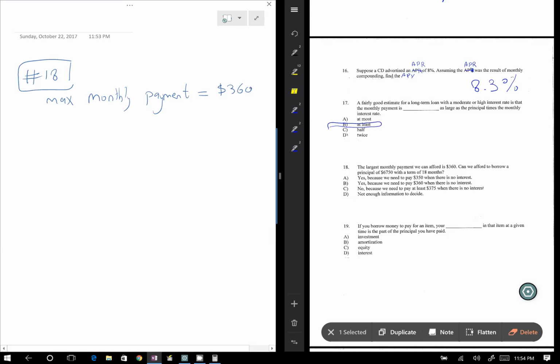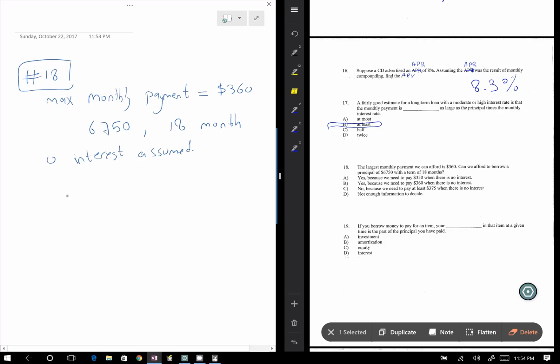Can we afford to borrow a principal of $6,750 with an 18-month term? Now I don't have interest, so assume zero interest.